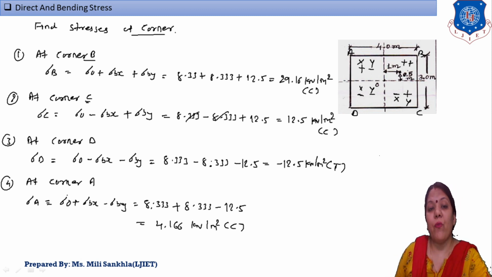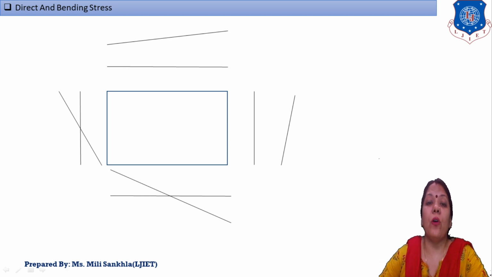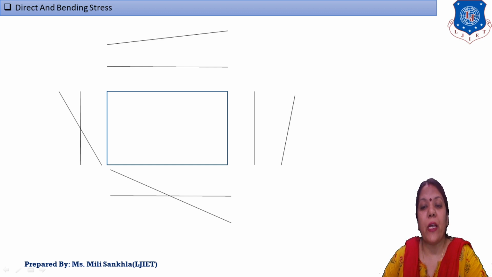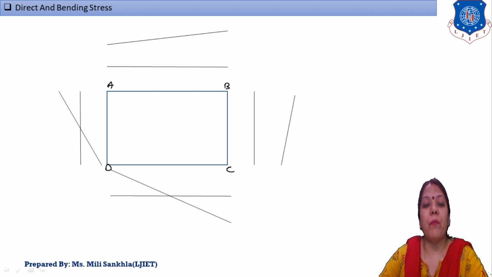Now one by one we draw the stress distribution diagram and also find the additional load to avoid tension. First of all, we make point notation A, B, C, D, and this is the reference line we draw first. If a plus value is given, draw below the reference line, and if a negative value is given, draw up.